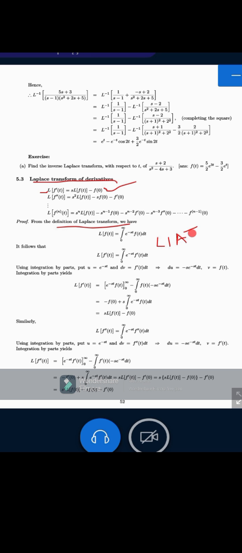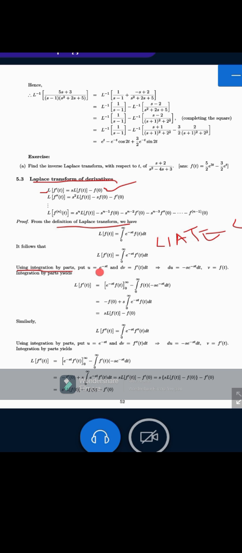So you will apply the rule when choosing your u, and so on. Using integration by parts, this method is normally known as integration by parts.